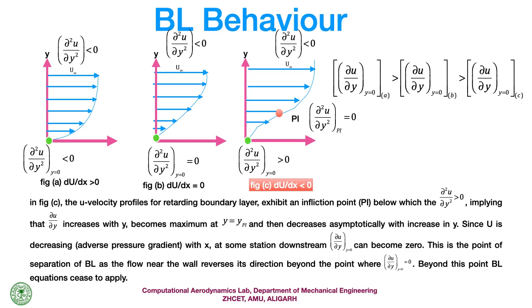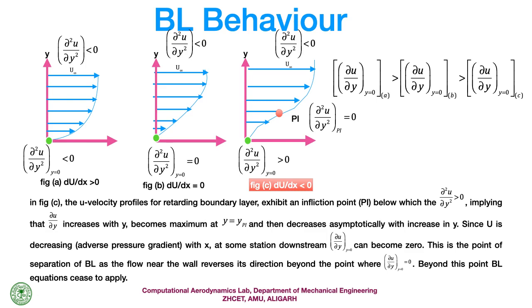Now since u is decreasing, it causes the adverse pressure gradient, because capital U infinity, that is the velocity outside the boundary layer, is decreasing. At some station downstream, the del u over del y at the wall can become 0.